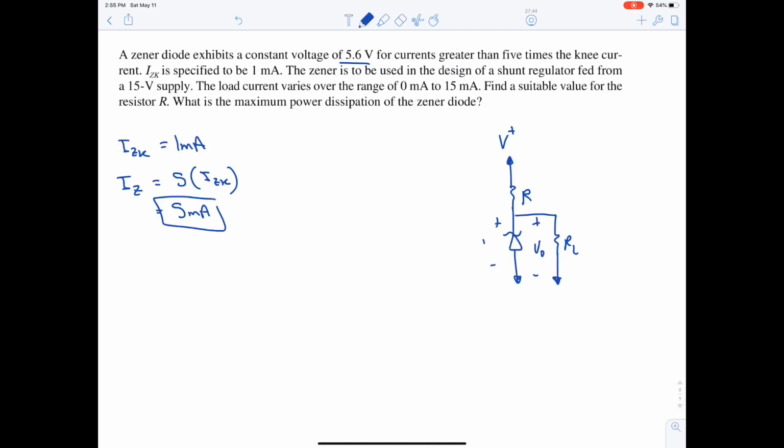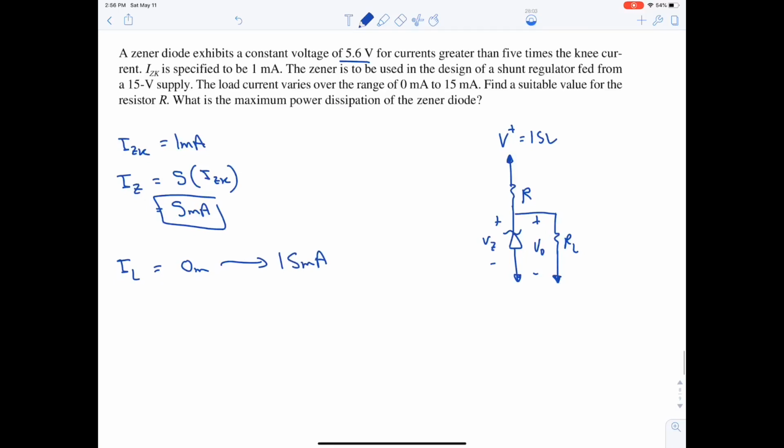Now, the Zener is to be used in the design of a shunt regulator fed from a 15 volt supply. The load current varies over a range, so IL ranges from 0 milli to 15 milliampere. Find the suitable value for this resistance R.